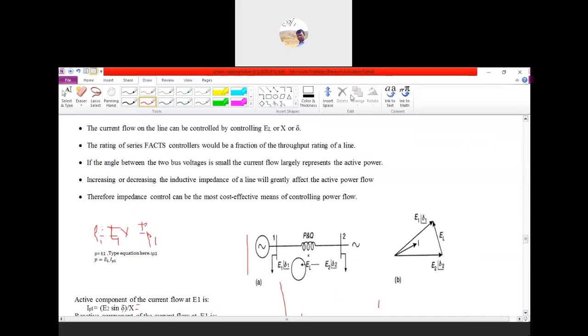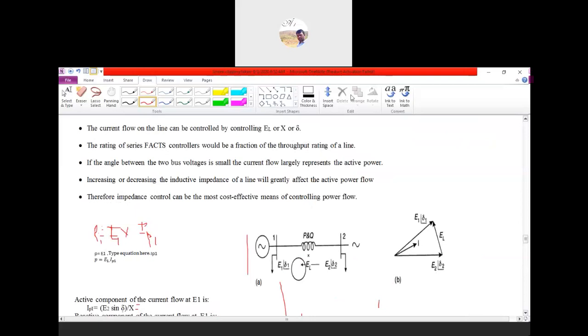So here, by using FACTS devices, we are controlling the impedance in the transmission line, as well as controlling the voltage, with different values for different components, combining power electronics devices.